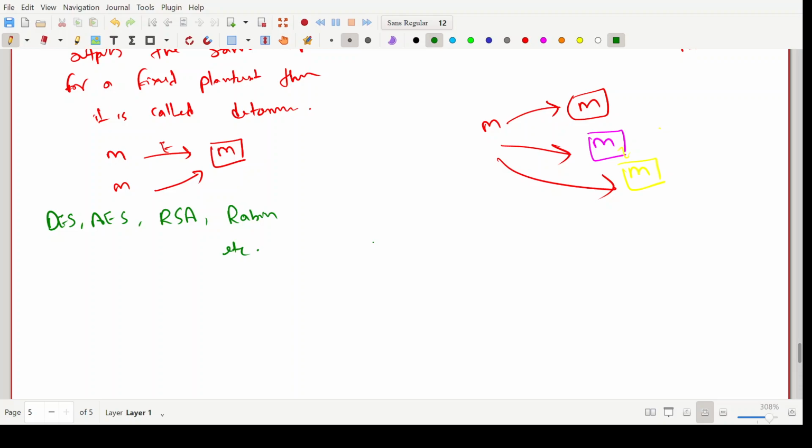And if you talk about randomized, then ElGamal, Goldwasser-Micali, NTRU, and so on, etc. These are some examples of your randomized crypto system.